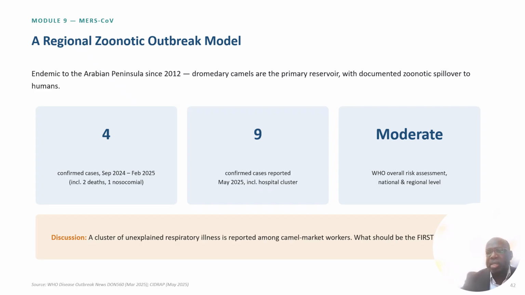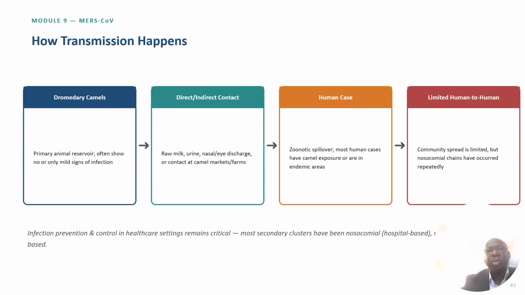This is considered a cluster of cases because the cases are scattered and there is no link between them. How did this happen? It happened during the treatment of camels among those living in nomadic and rural areas.